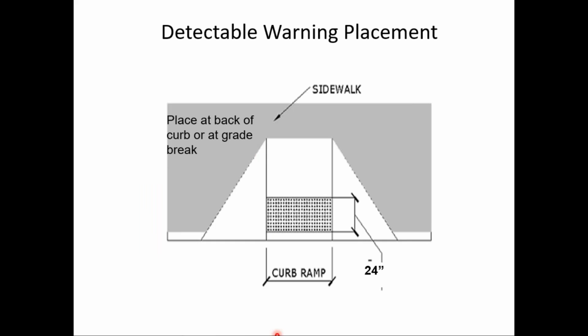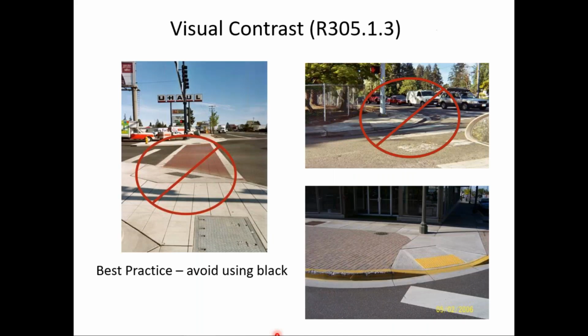Detectable warning placement should be at the back of curb or at the grade break. And I mentioned earlier, there is the requirement for visual contrast. So yellow on light concrete, that does satisfy the visual contrast requirement. Gray on gray concrete does not.